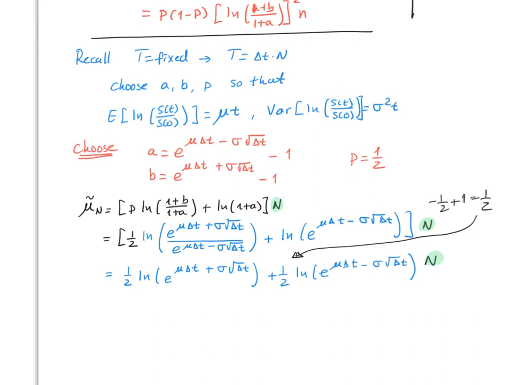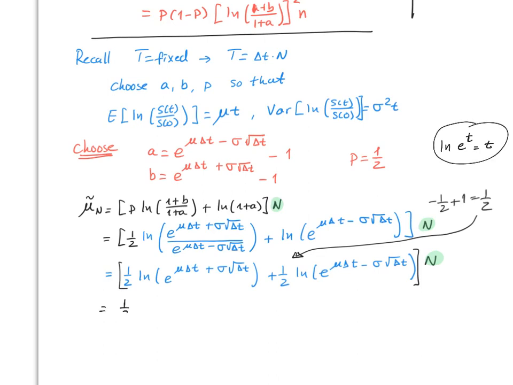So here we need to have a parenthesis. Okay. Now notice that you only have ln and e in here. So remember that ln of e to the t is equal to just t, because the ln cancels with the e.